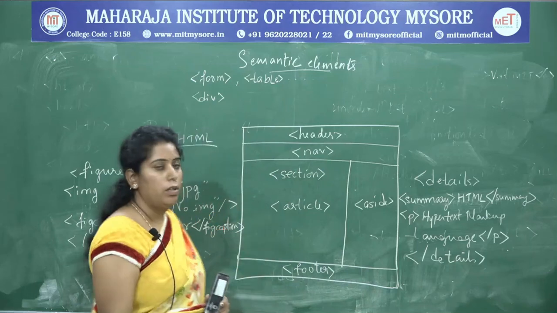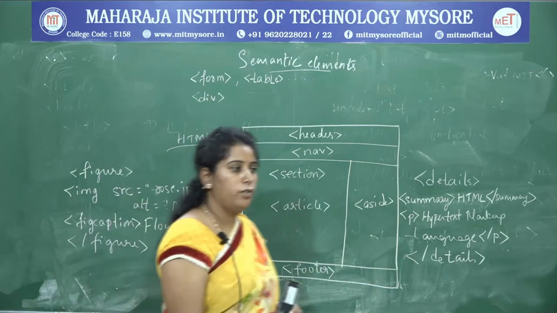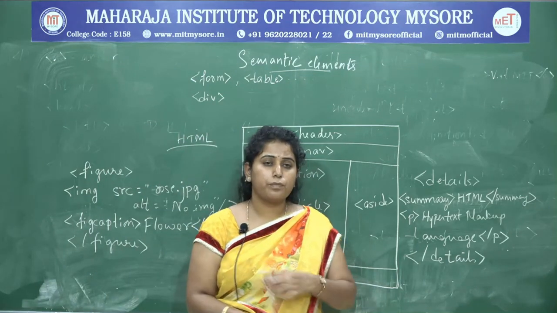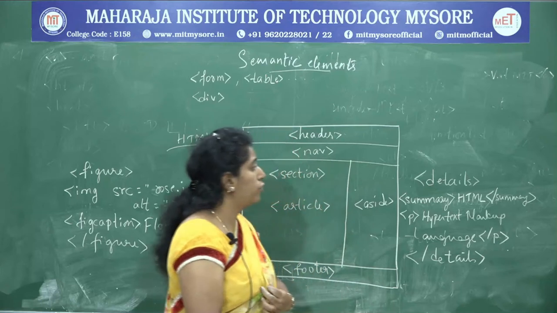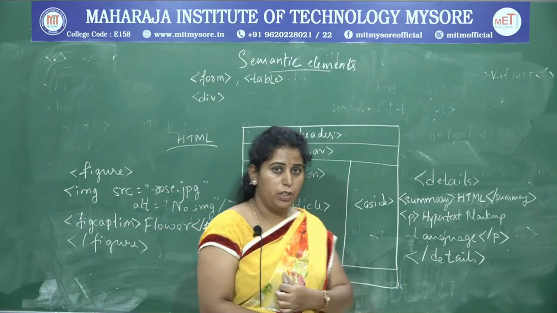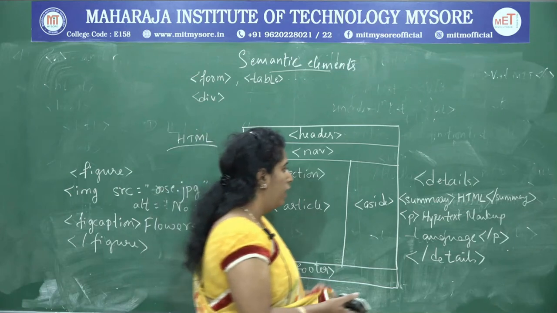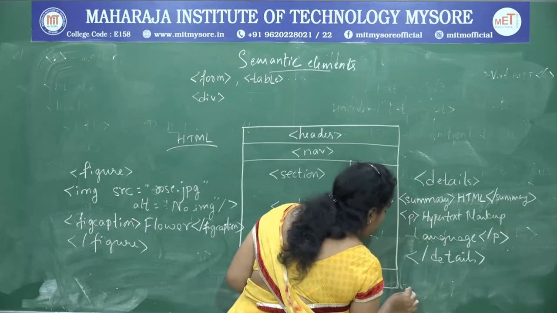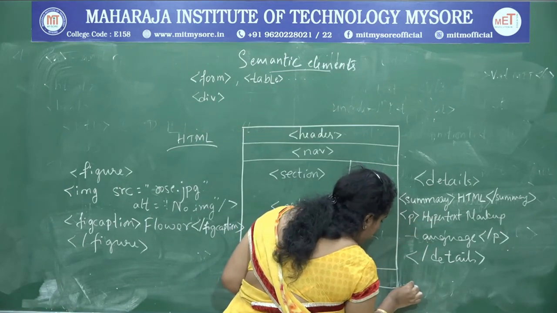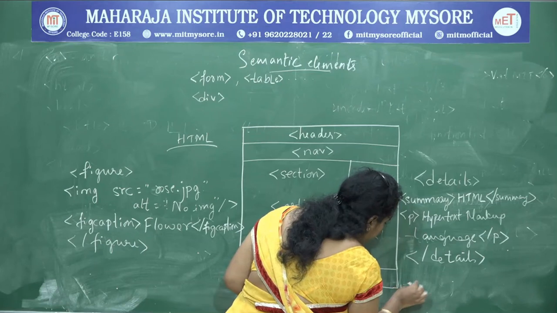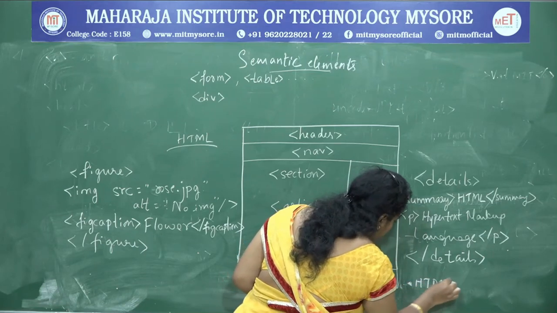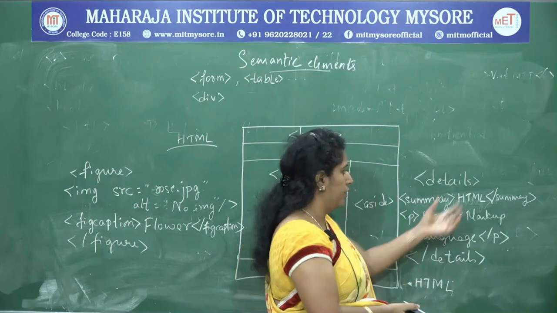So now I told you, right, details is used for providing detailed information. Okay, on demand the user can open or close that content. How? Say HTML. Once you run this, you can notice a symbol will be provided and the text within the summary, HTML, will be printed like this.